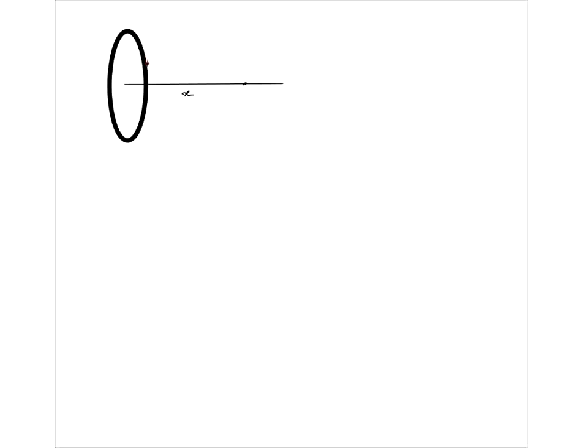It is a uniform charge distribution, the total charge being capital Q. The radius of the ring is a. It is a uniform charge distribution.